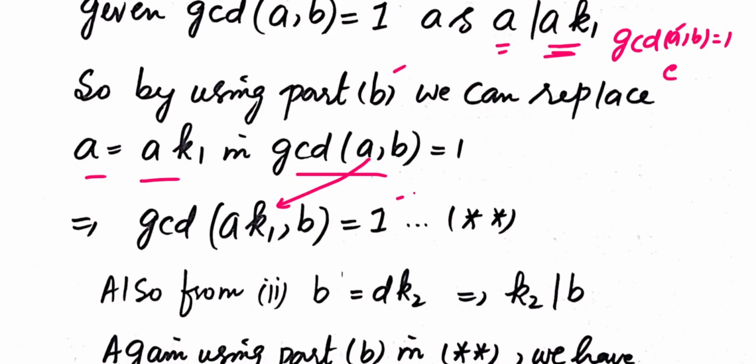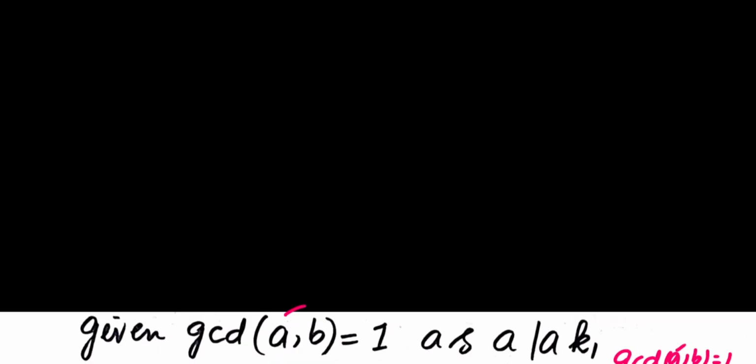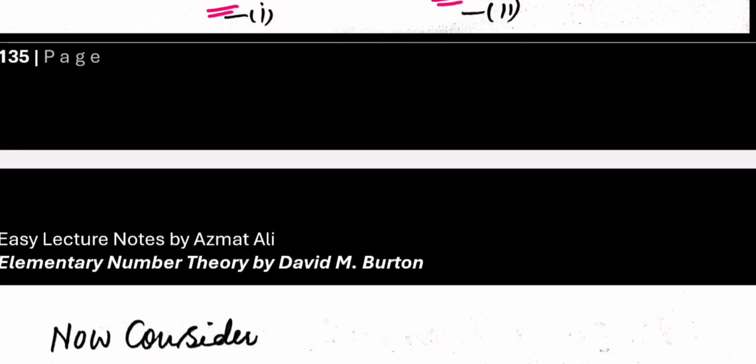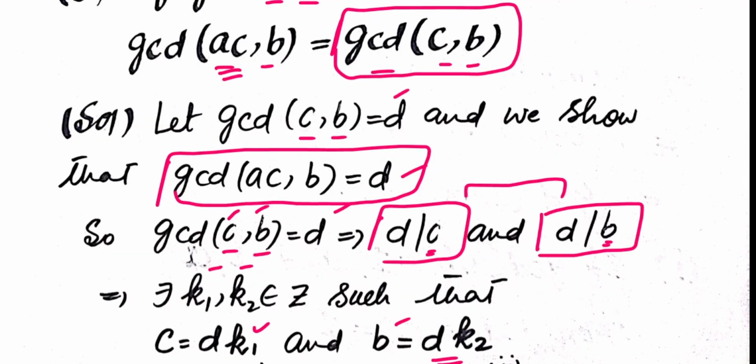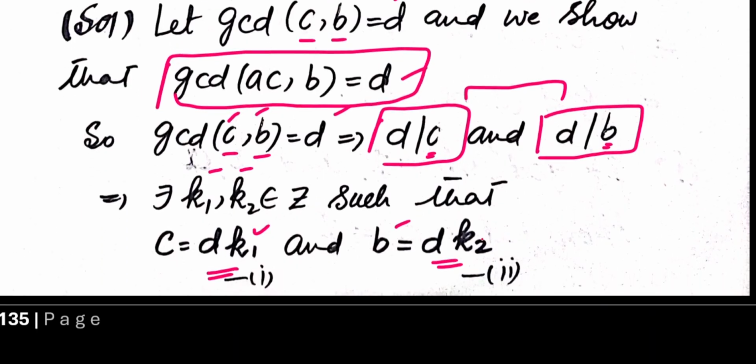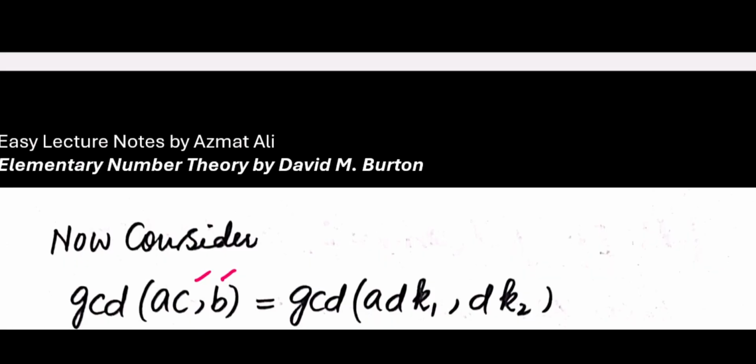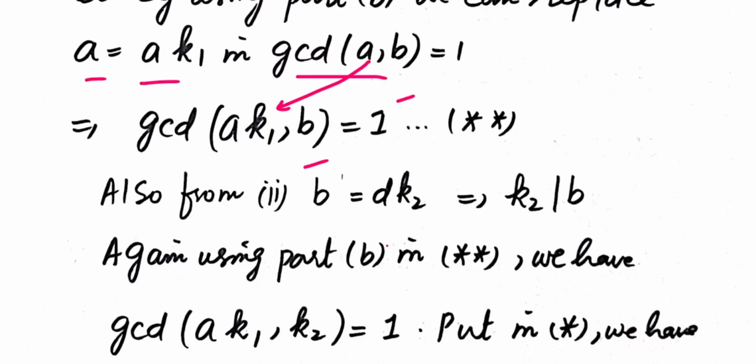Say this is double star. Also from expression number 2, B is equal to D times k2. This shows that k2 divides B. For example, when you write 8 is equal to 2 times 4, this shows that 2 divides 8.